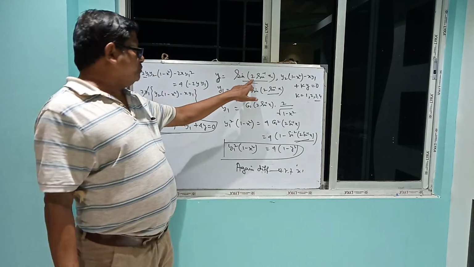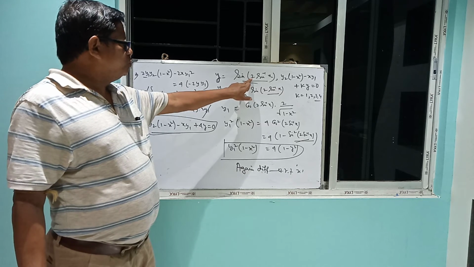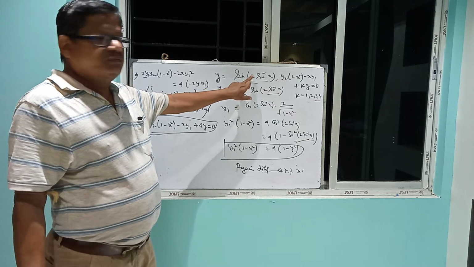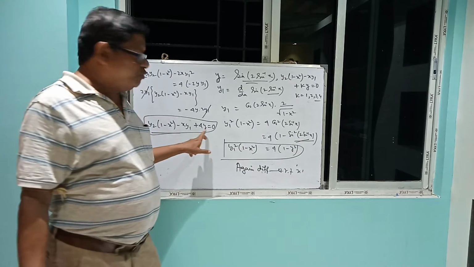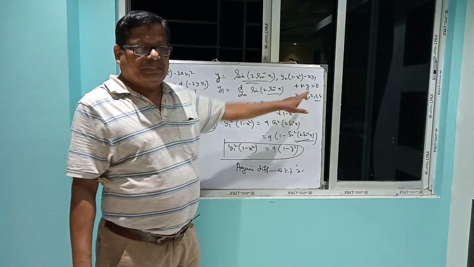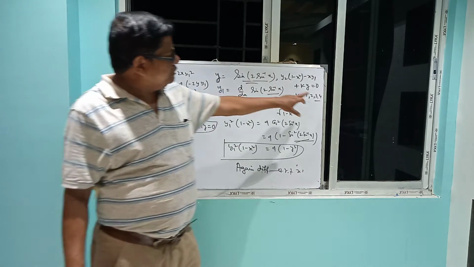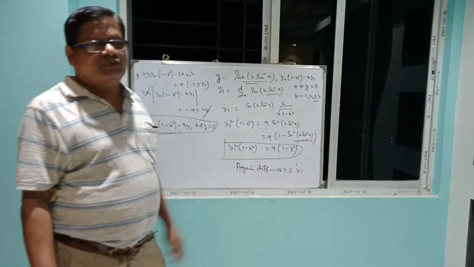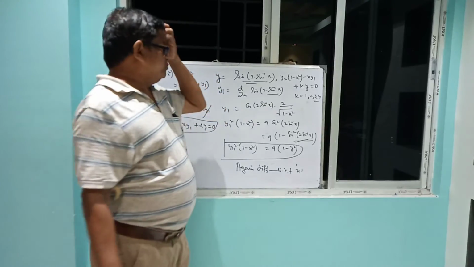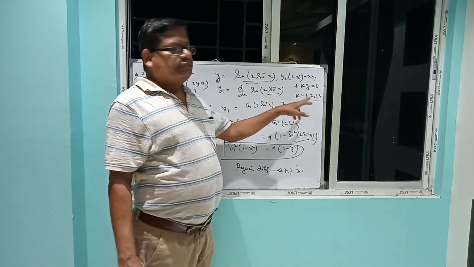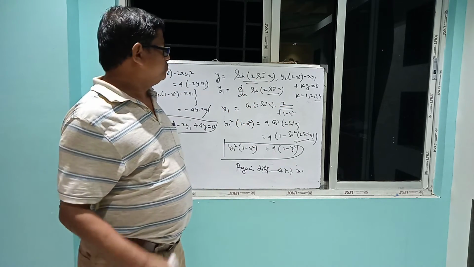So look at it here: the coefficient is 2, and its square is 4. The k will be 4y. So k will be 4. Whatever the multiplier is, its square is the answer. Suppose here 3 is there, then it will be 9. Suppose 4 is there, it will be 16. Keep in mind for MCQ type questions.